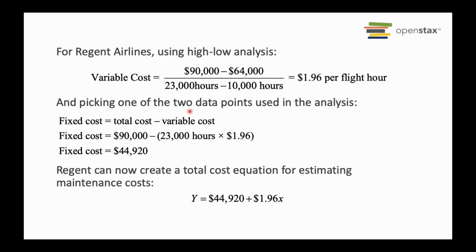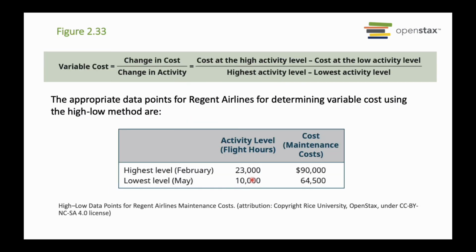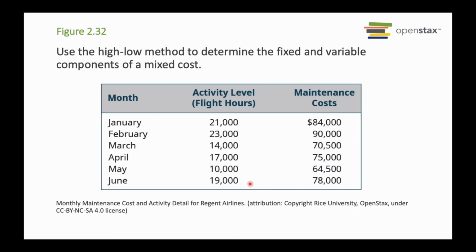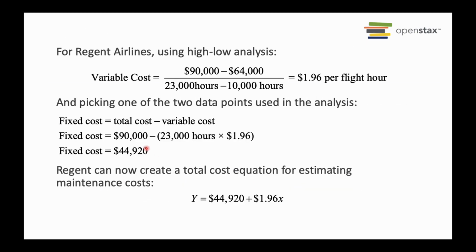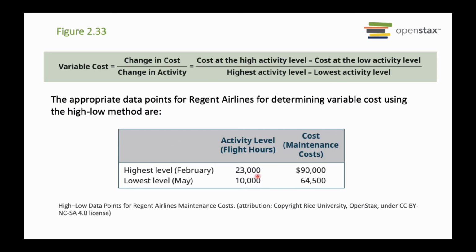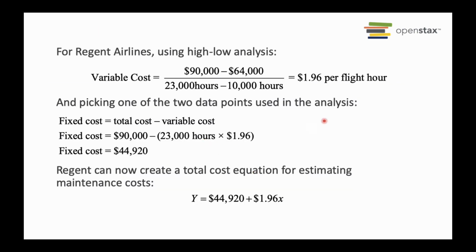We then take any one of these two data points that we've selected as the highest and the lowest, and we can calculate the fixed cost as being equal to the total cost minus the variable cost. So if we were to take the highest level of activity, 23,000 flight hours, times the variable cost per unit, that would give us the total variable cost, and the total cost minus the total variable cost is equal to the fixed cost.